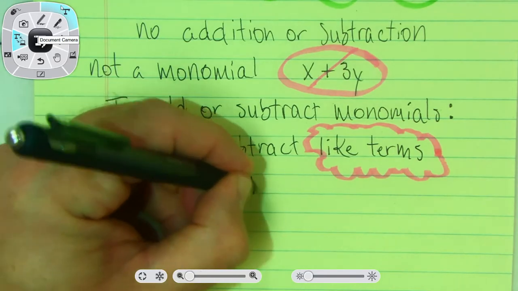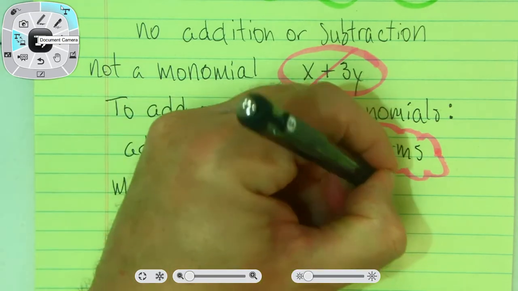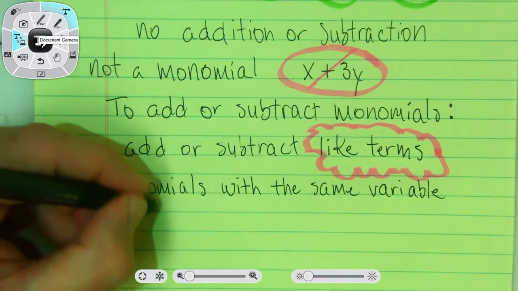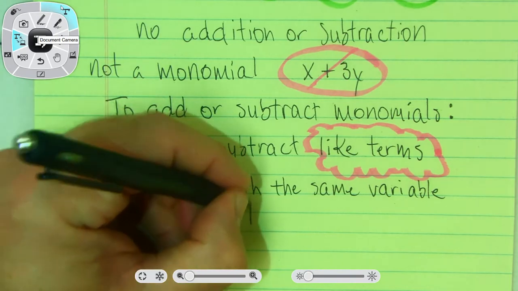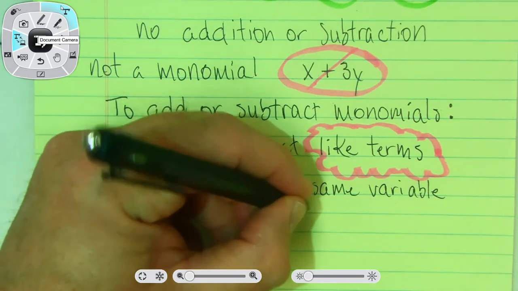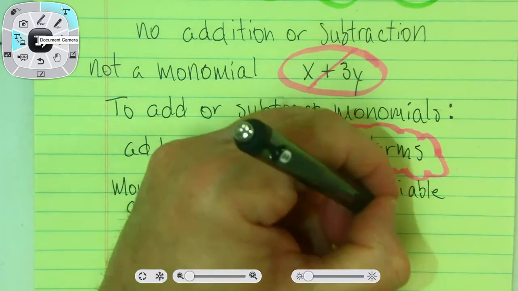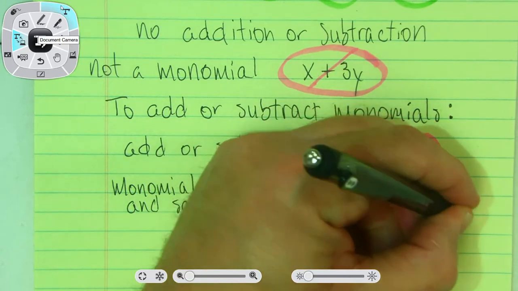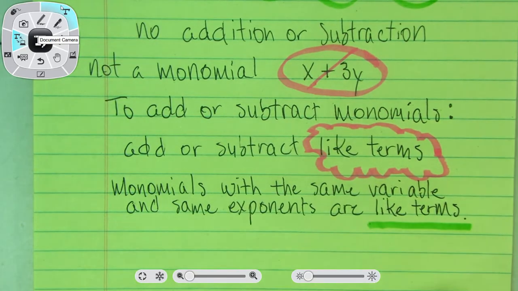Monomials with the same variable and same exponents are what I just said, like terms. So if they've got exactly the same variable and that variable has exactly the same exponent, then they're like.